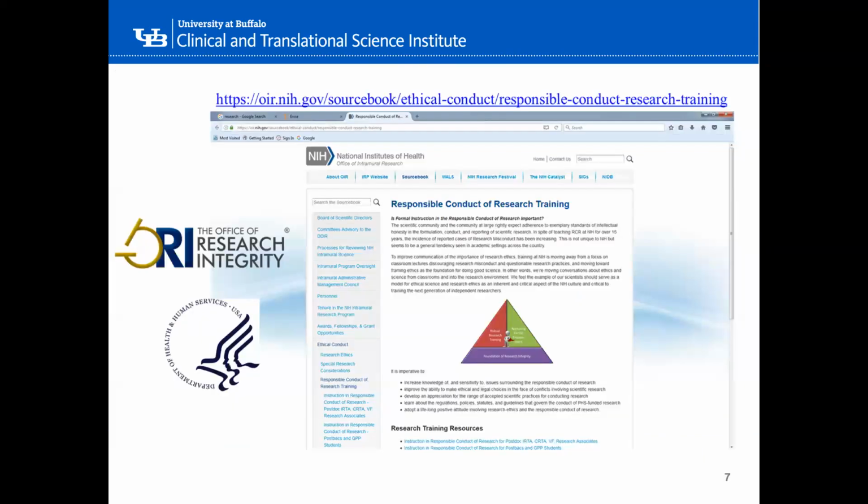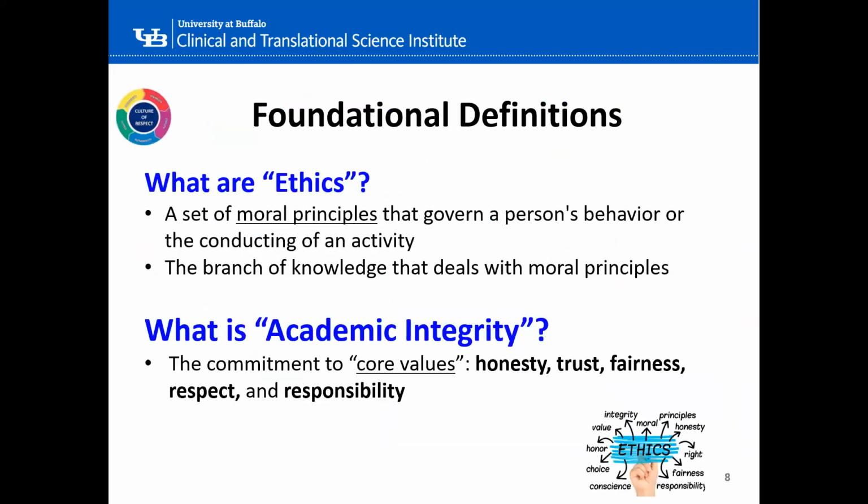The Office of Research Integrity is under the DHHS of the federal government. They have mandated that responsible conduct of research training must occur at any institution that receives federal grant dollars for performing research. So we are in compliance by offering this training workshop.